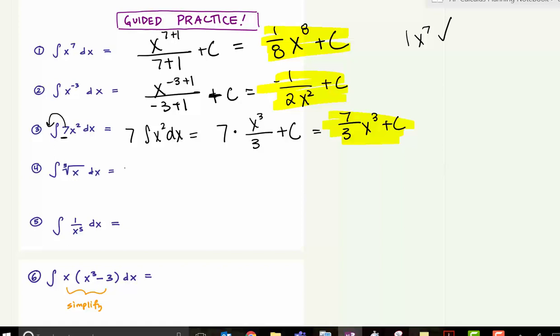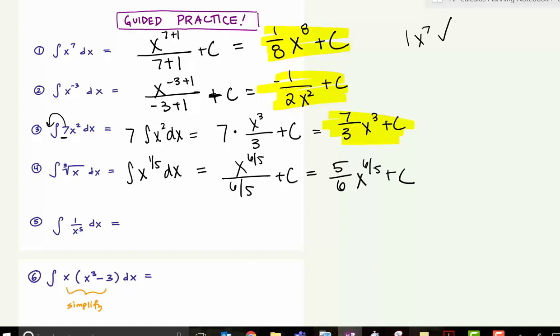I know this next guy right here I'm going to rewrite. This is going to be the integral of x to the 1/5. So when I integrate this guy, we're doing 1/5 plus 1, so we have x to the 6/5 divided by that 1/5 plus 1, which is still going to be 6/5. Remember, when you divide by a fraction, you flip and multiply. So we're left with 5/6 x to the 6/5 plus c.